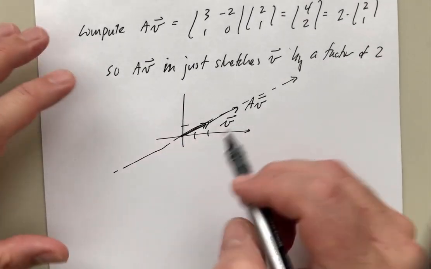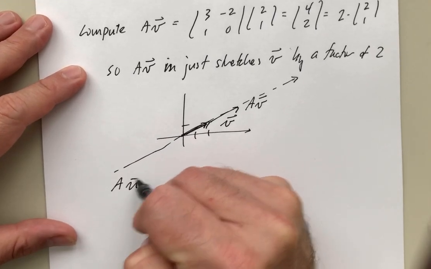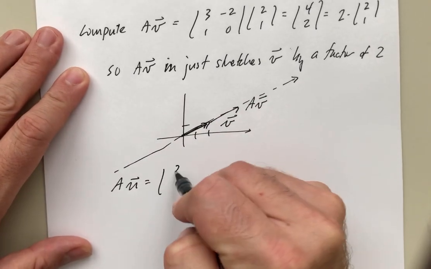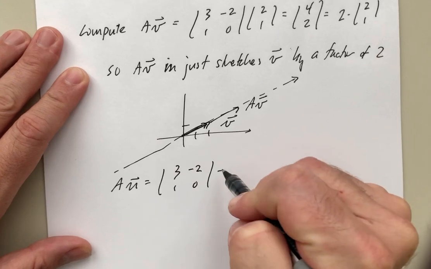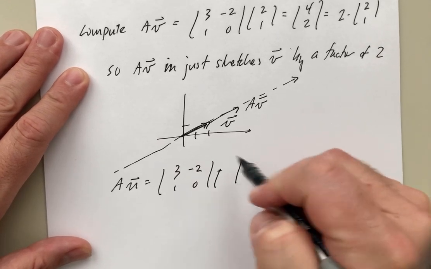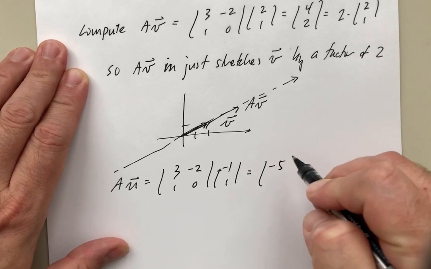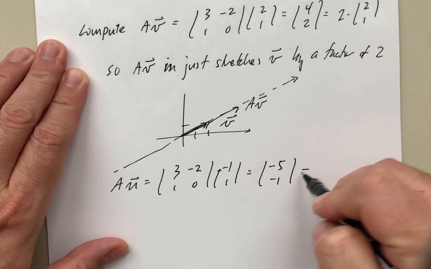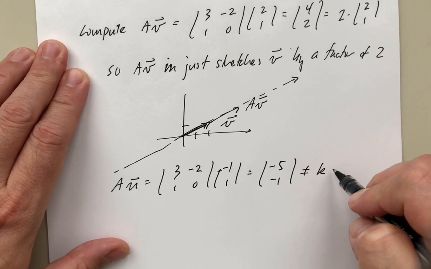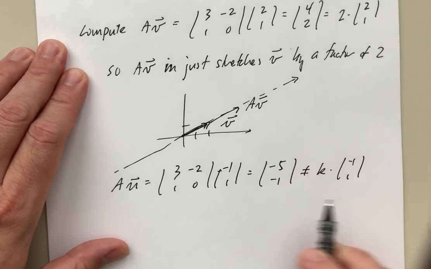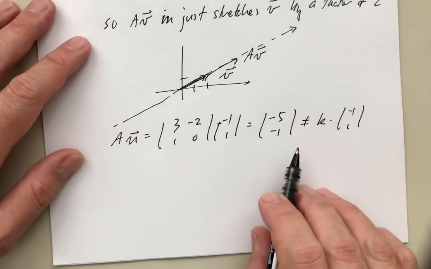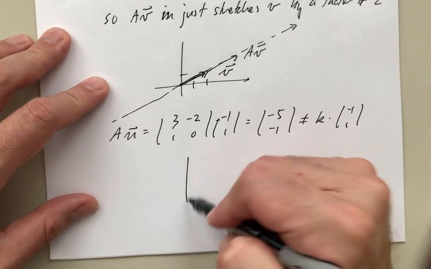Let me contrast that with the other vector. If I take A times U, that's 3, 1, minus 2, 0, times the vector minus 1, 1. In this case, I get minus 5, minus 1, which is not a multiple of minus 1, 1.